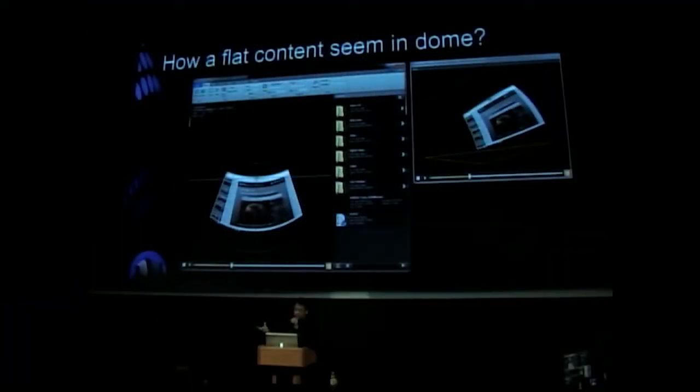And also, this software has the capability of simulating flat content distortion in many ways. So, for example, as you know, a big flat image on the curved dome screen, as a smart way, is a kind of simulation of a projected image on the dome surface. So people can understand how the flat content is distorted on the dome screen by using the test projection or the Oculus Rift or such things.